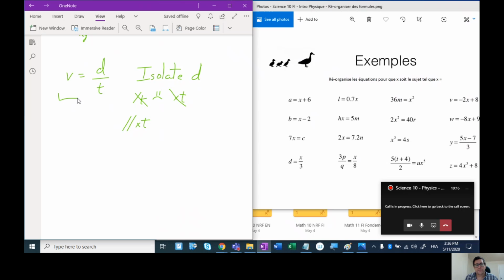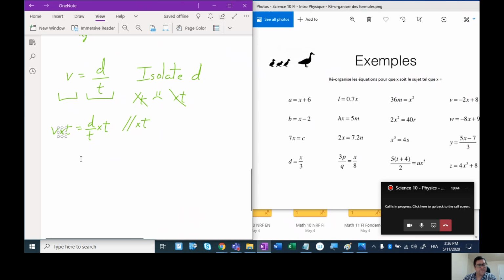That means that both sides of the equal are simply multiplied by t. v times t equals d over t times t. So you can clearly see why I don't like the x's, because the x's here don't mean x, they mean time.